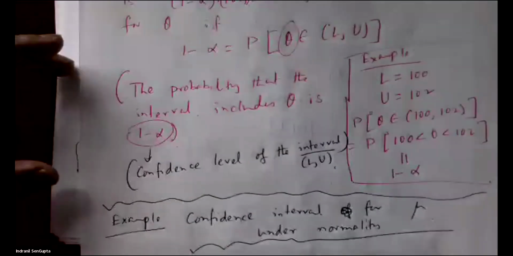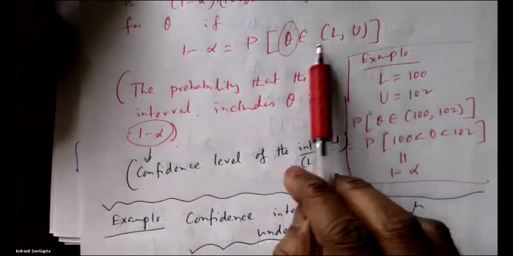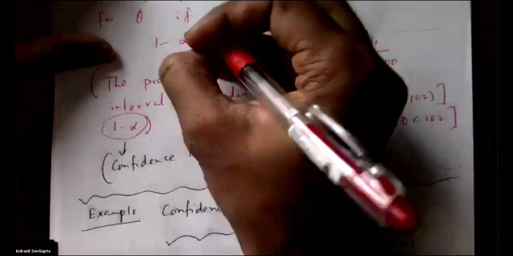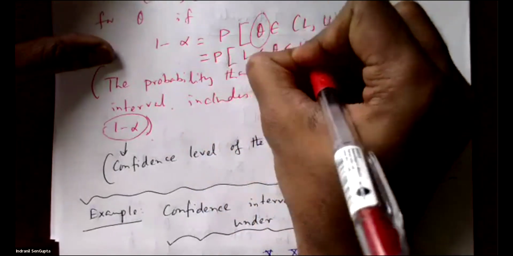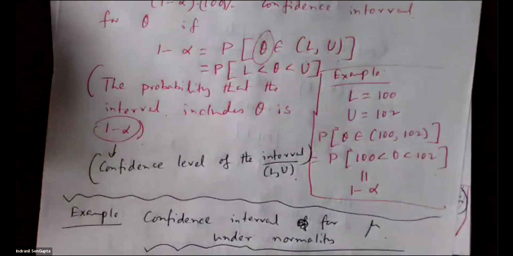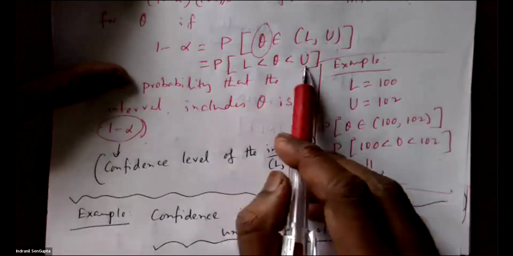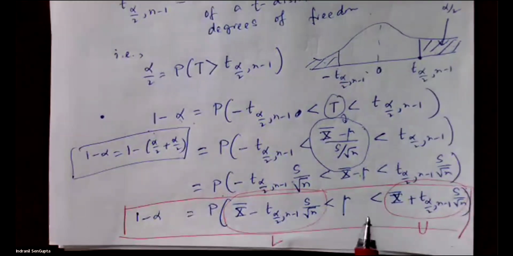And now look at this one. This is basically theta, which in our case is mu, between two numbers. I wrote it this way. So you see that this is really the probability of L less than theta less than U. Theta is between L and U, and the probability is 1 minus alpha. We have the same setup. So you see how it works, right?